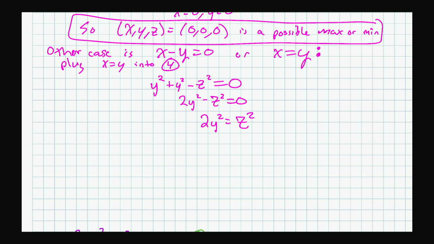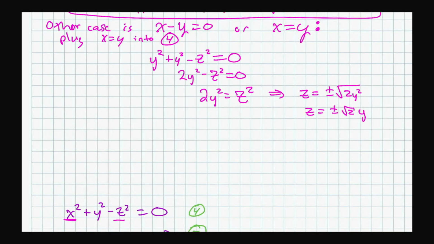And we can leave it like that. Or if you want to square root both sides, you can, but you'll get a plus or minus, right? You'll get z equals plus or minus square root 2y squared. So z is plus or minus square root 2y. So that's what you get for equation 4.